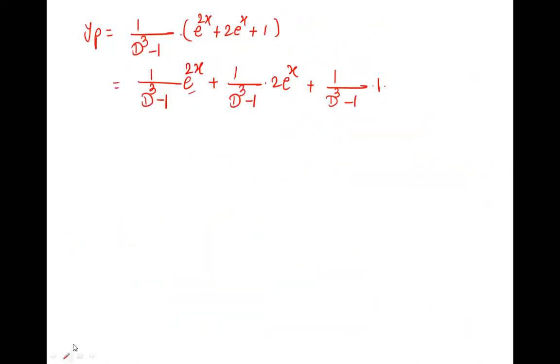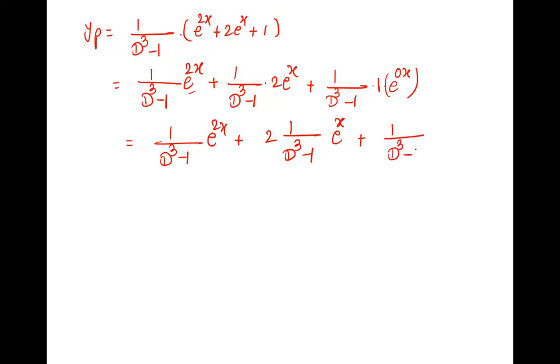So that 1 or 2 or whatever the constants are will be multiplied by e raised to 0x. Here 2 can come out, you can do that in the next step if you want. e raised to 2x plus 2 is outside, 1 upon D cube minus 1 into e raised to x, plus 1 upon D cube minus 1 into e raised to 0x. So now we can apply case 1. What do we do here?